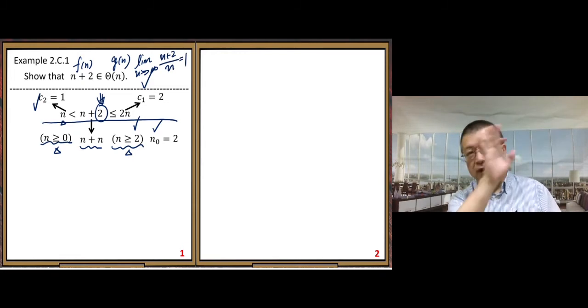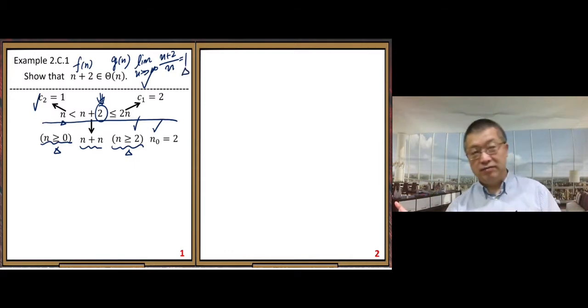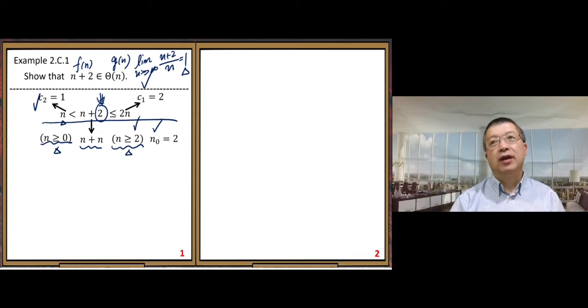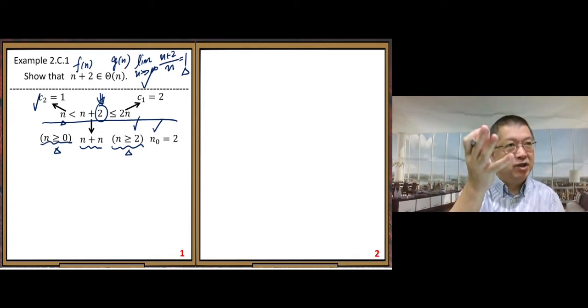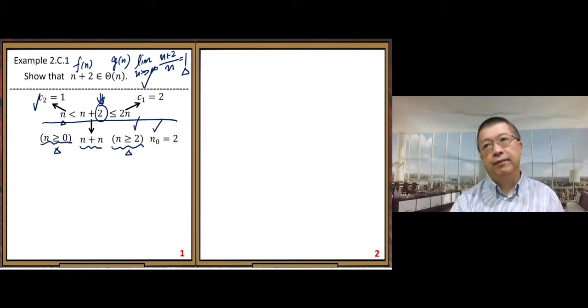You can find that it is equal to 1, a non-zero constant. When this is a non-zero constant, your conclusion is that n plus 2 belongs to big theta of n. That's the limit way.